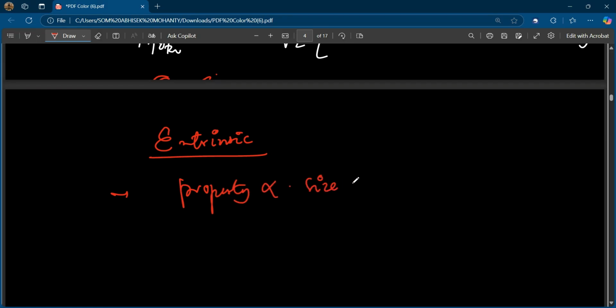If it is proportional to the size of the system, it is called an extrinsic property or extrinsic variable. And if it does not depend on the size of the system, then it is simply an intrinsic property.